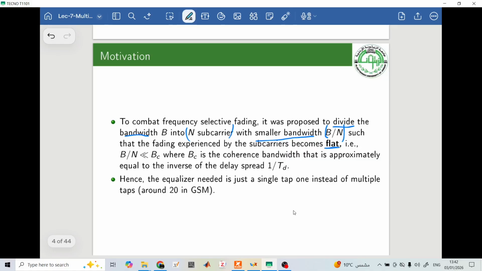If you have this channel, as you can see, the frequency response changes with the frequency. If we divide it into smaller bandwidths or subcarriers, each subcarrier will be treated individually, and as a result, the equalizer needed for each subcarrier will be shorter and hence simpler, right?